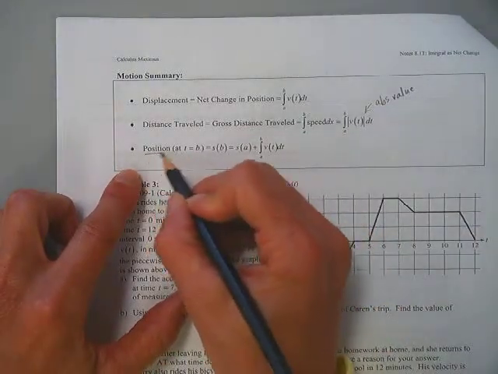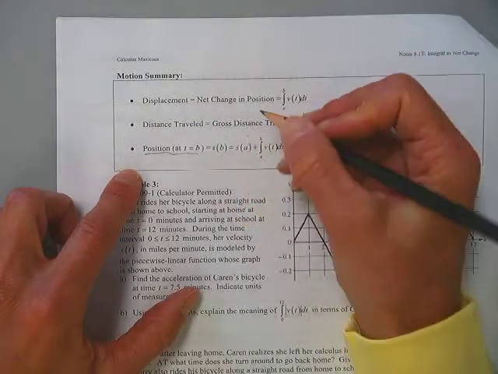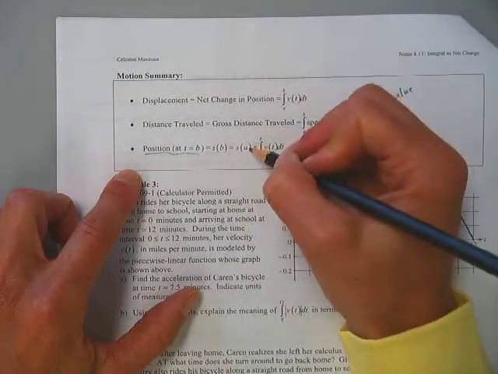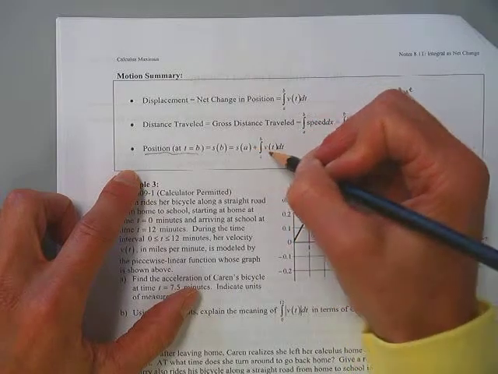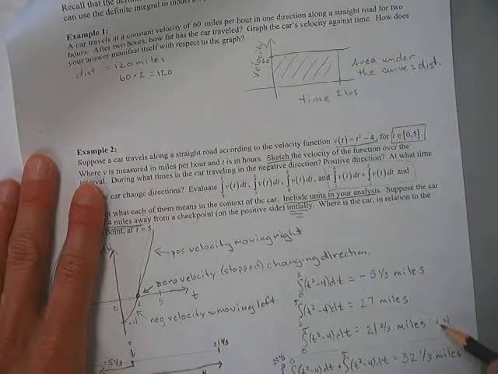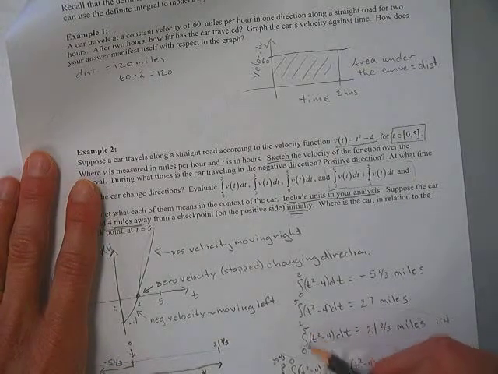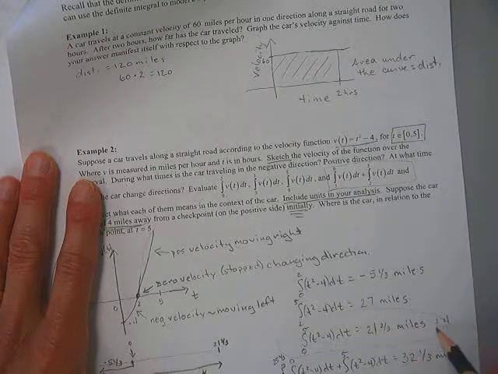Now, right here, this is where you have a position. This is kind of like the starting point, and then you have to add it. That is what we did right here. This was our starting point, and we added it to this net integral to get where you end up.